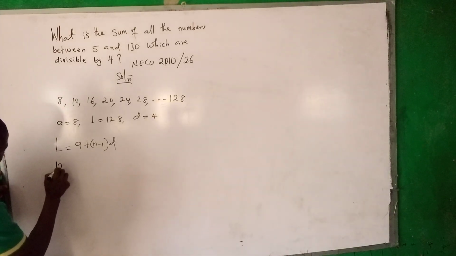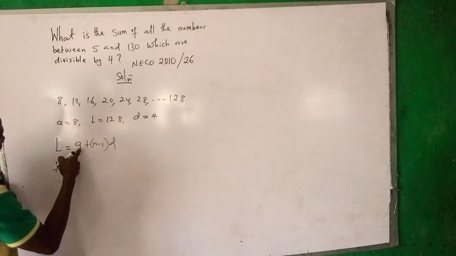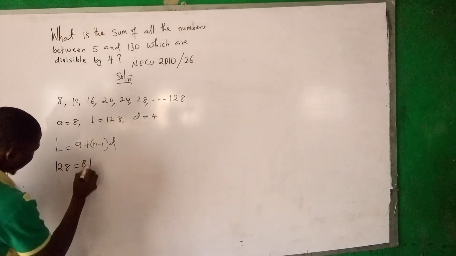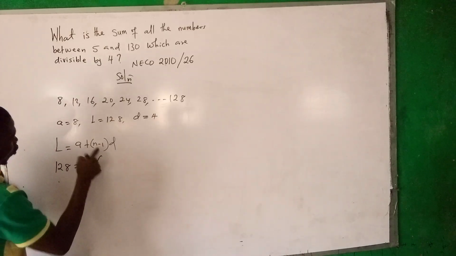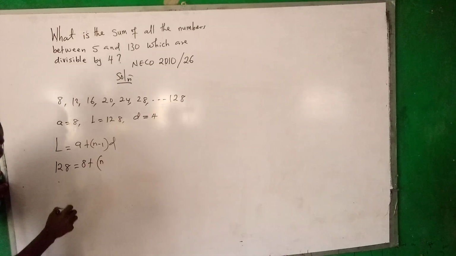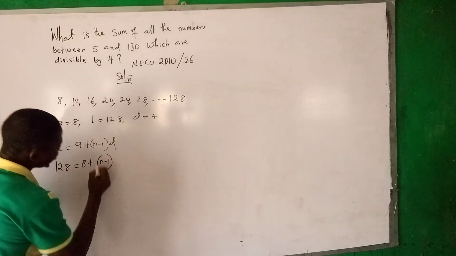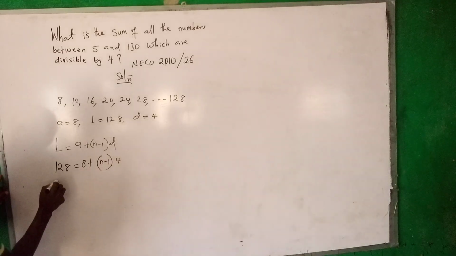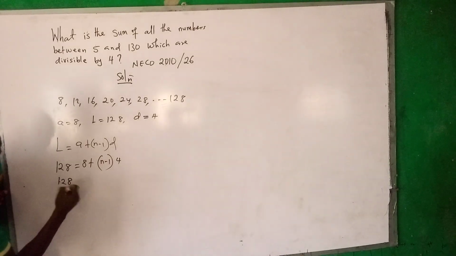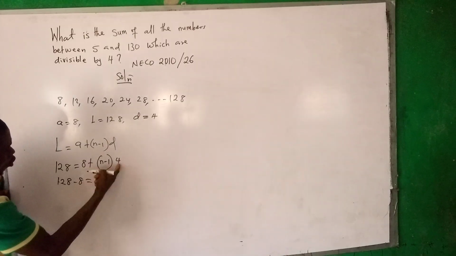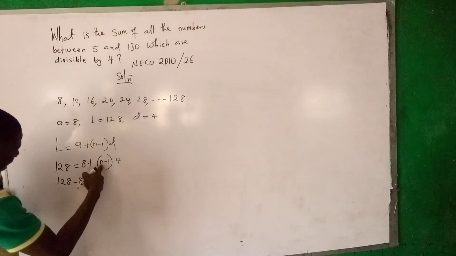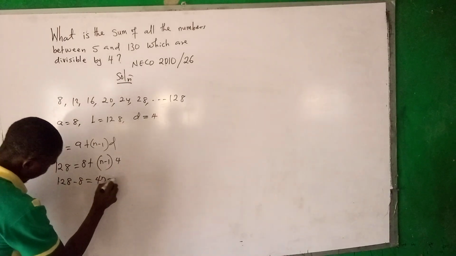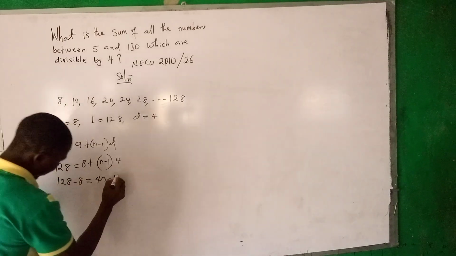Now let's substitute. I have 128 equals my A, which is 8, plus (n minus 1) times 4, where n is what I want to find first. That gives 128 minus 8 equals 4 times n, which is 4n, minus 4 times 1, which is 4.